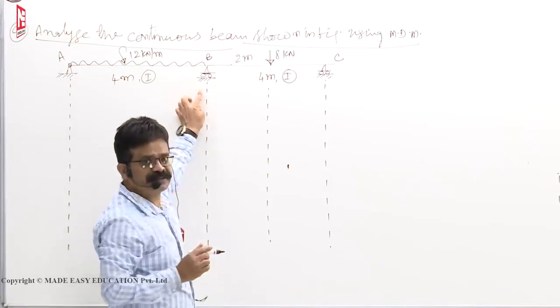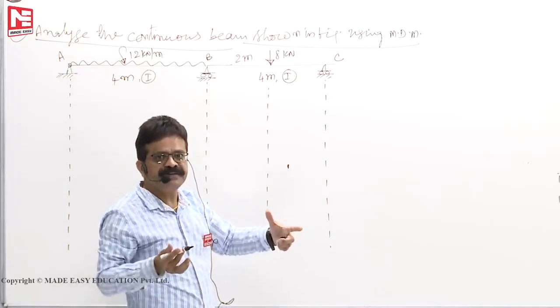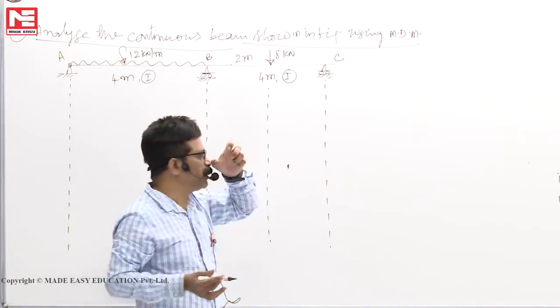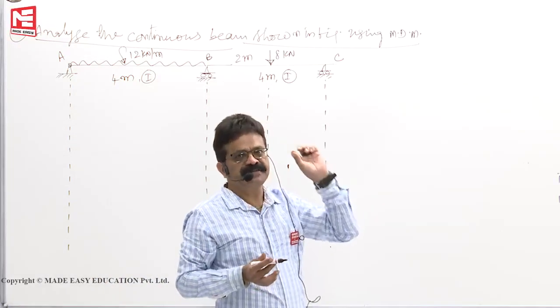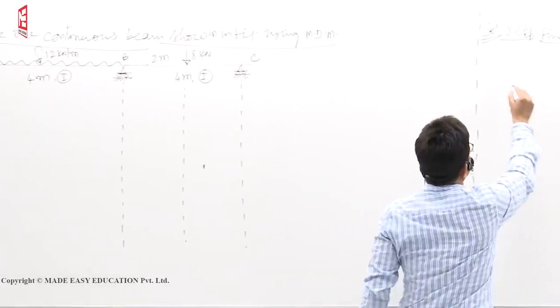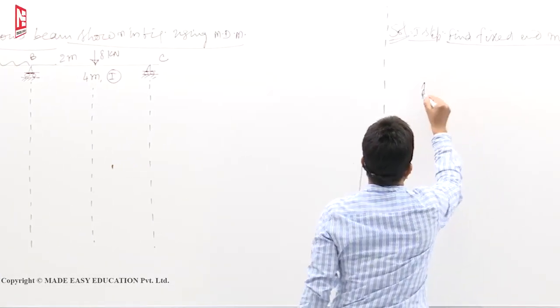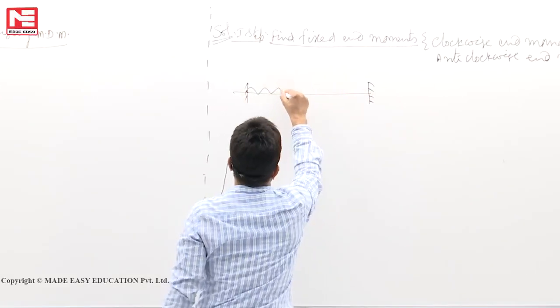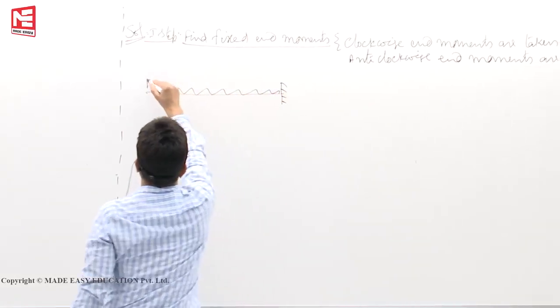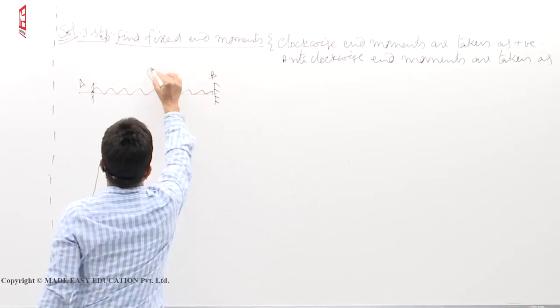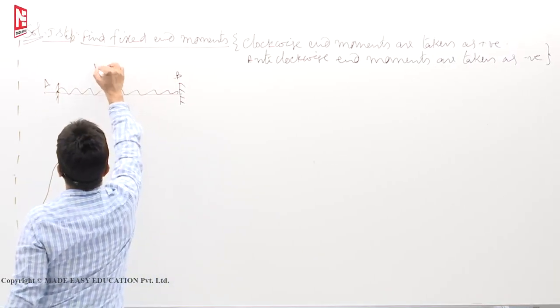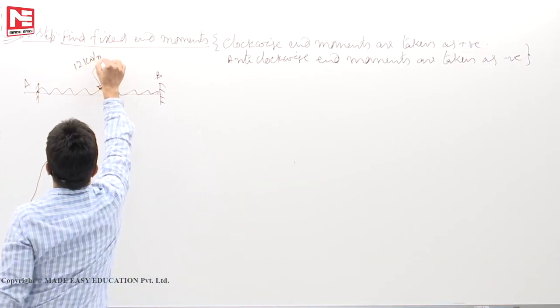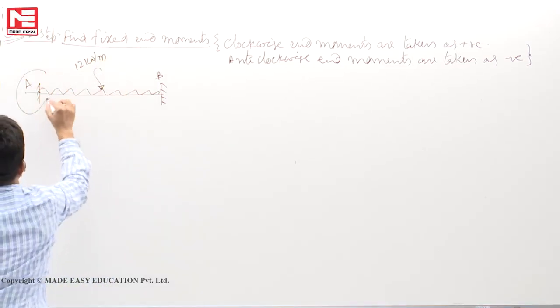Actually these are not fixed supports. We symbolically find the fixed end moment; we symbolically fix the joints. So it's like this: points A, B. This load is 12 kilonewtons per meter. For this one we know the fixed end moment.